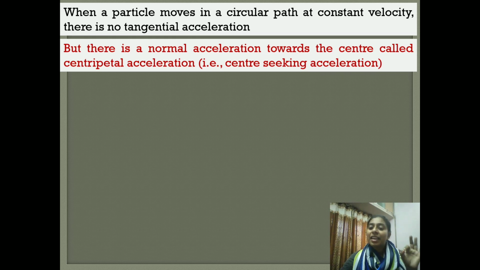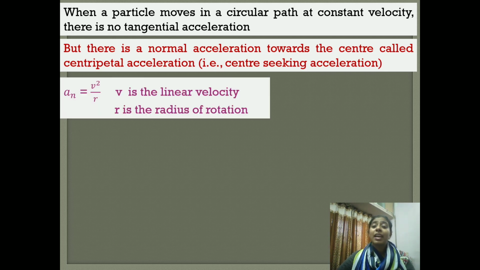The normal acceleration towards this center is called centripetal acceleration, the center seeking acceleration. So tangential acceleration is equal to 0 and normal acceleration is not equal to 0. We have only normal acceleration when the object is moving with constant velocity in a curved path.